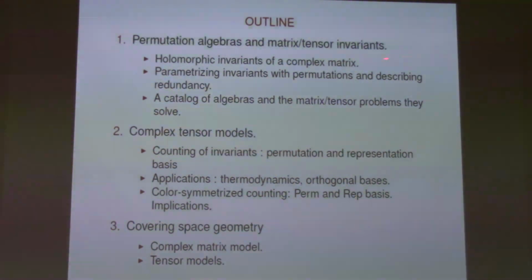So there's a precise description of the redundancy which we exploit in arriving at generalized permutation algebras. At the end of this first section, I'll give you a little catalog of how different algebras apply to different matrix and tensor problems. And then I'll look at a particular case of complex tensor models, which have been of interest in the last several years in the tensor model community, and then recently due to their connections with SYK as well.